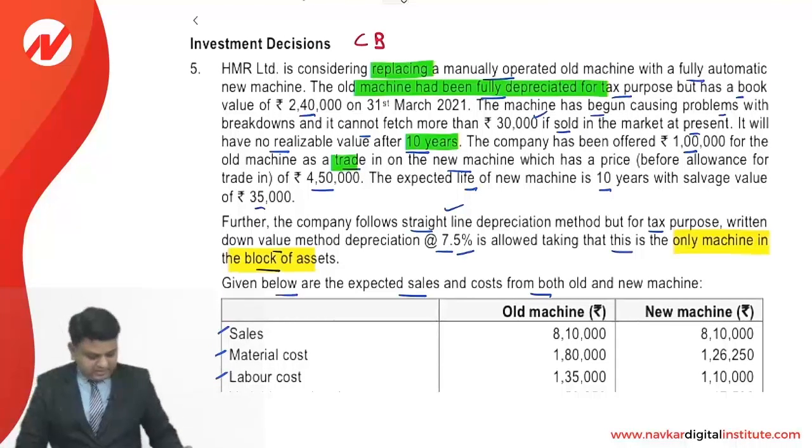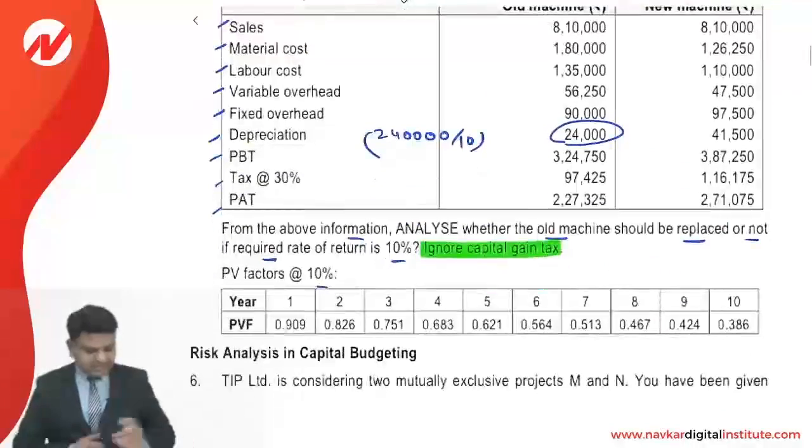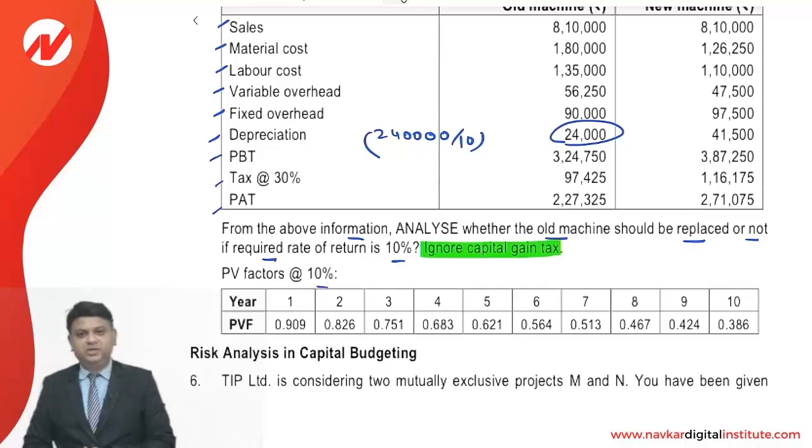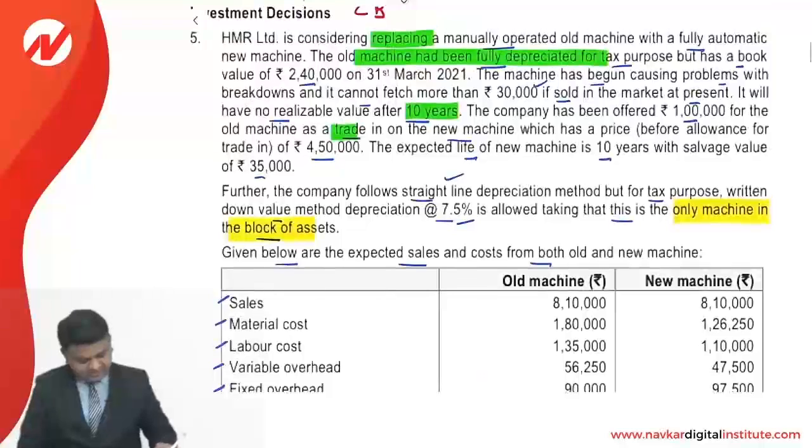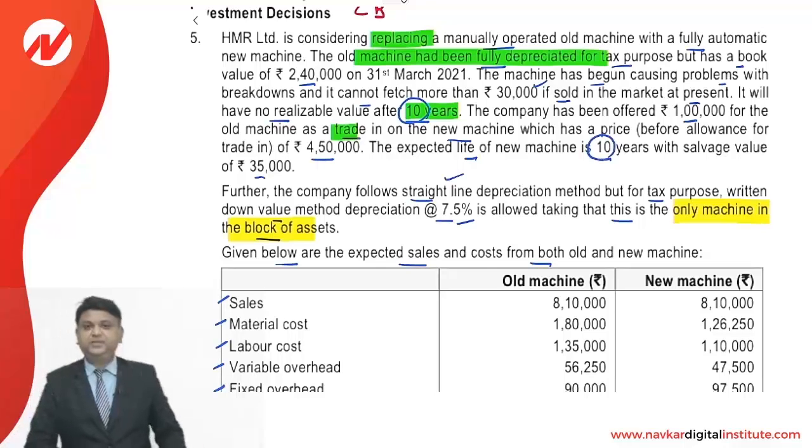Now let us understand how to make the calculation of the answer. Dear students, over here we can adopt the incremental approach for decision making. The reason for that is very simple. We can see that the balance life of the existing machinery and the life of the new machinery are the same. That is the reason we can adopt the incremental approach for decision making.